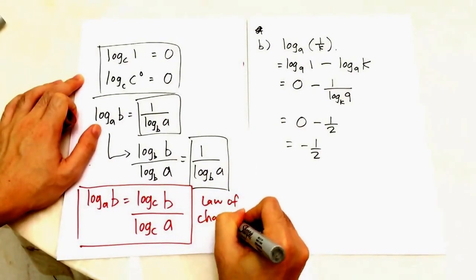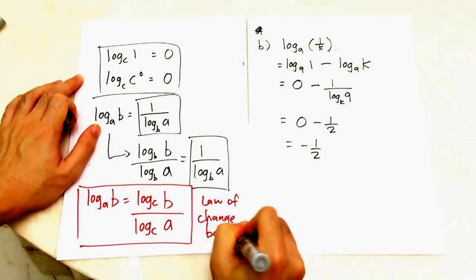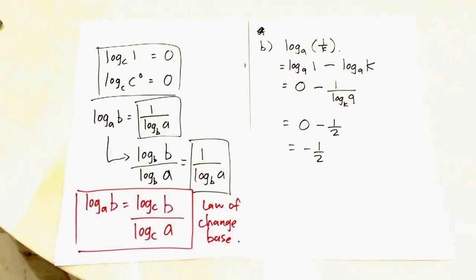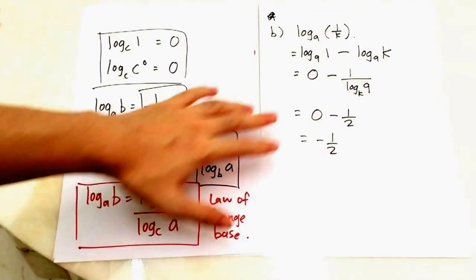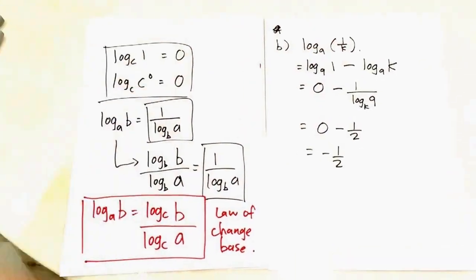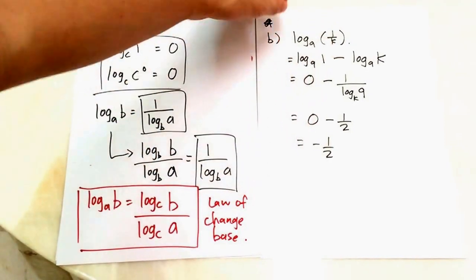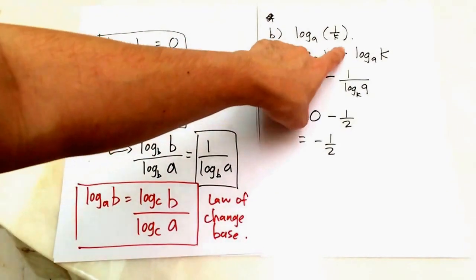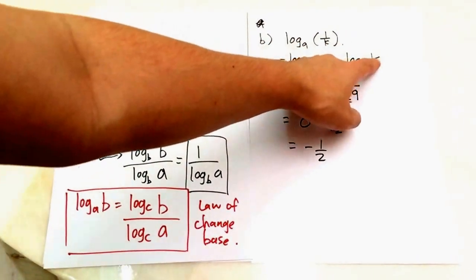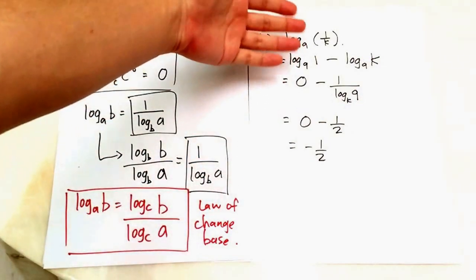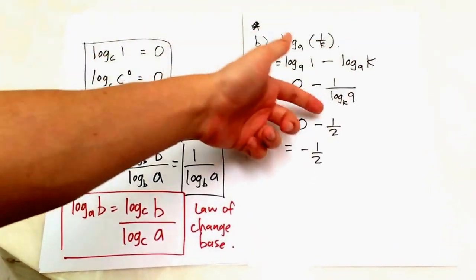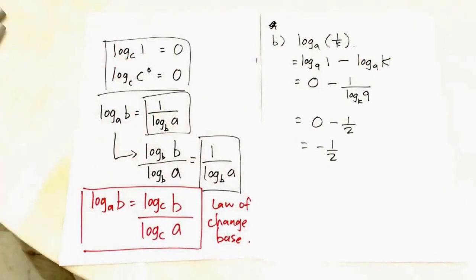It's not really hard if you understand the rules of log. So a question like this is quite simple. Of course, you have to understand 1 divided by k can be expanded to become log 9 1 minus log 9 k. Then this is 0, and this one you change base, you get 1 over 2, and the answer will be negative 1 over 2.